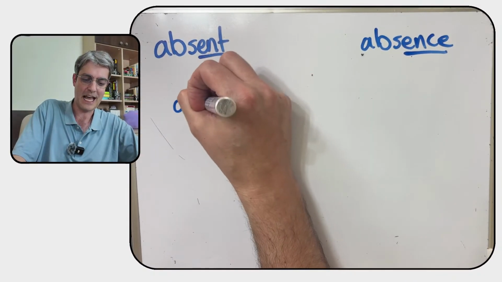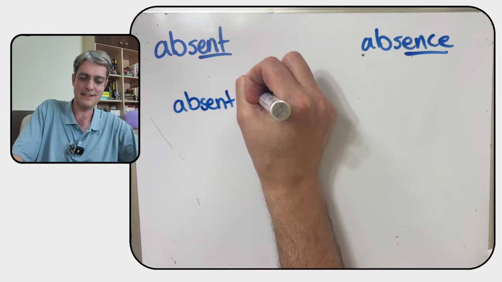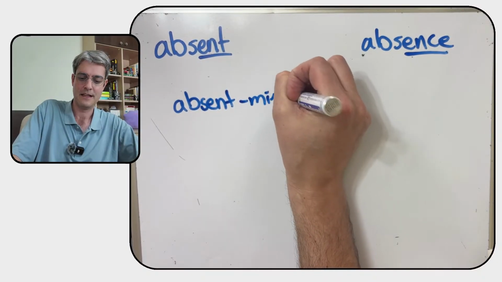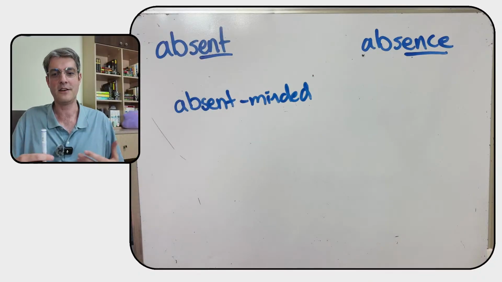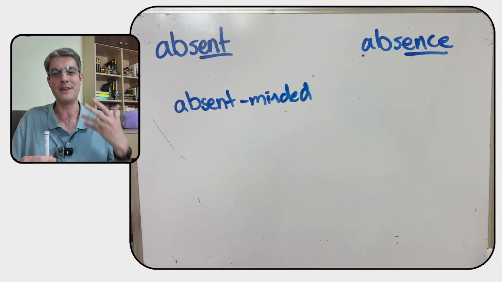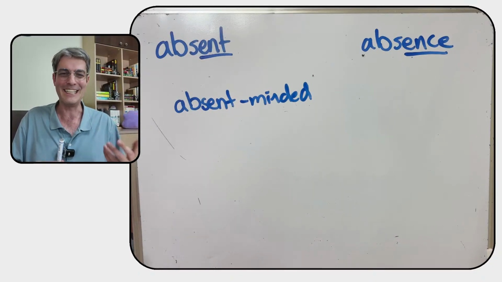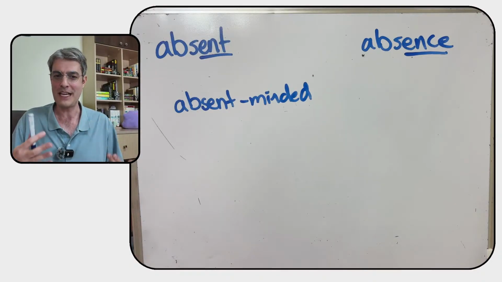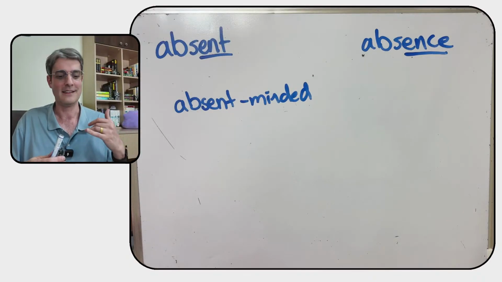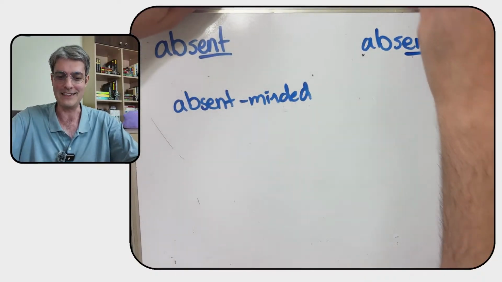But we have a useful expression: to be absent-minded. And this means being forgetful or inattentive. So someone who forgets things a lot or doesn't pay attention too often, we can say that he or she is absent-minded.